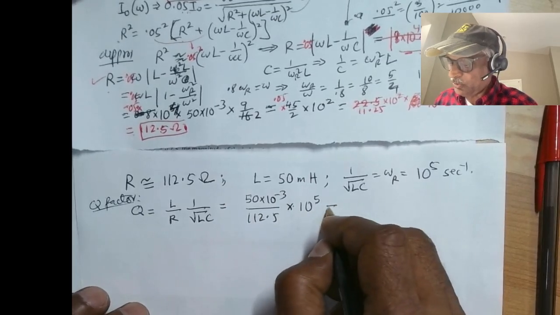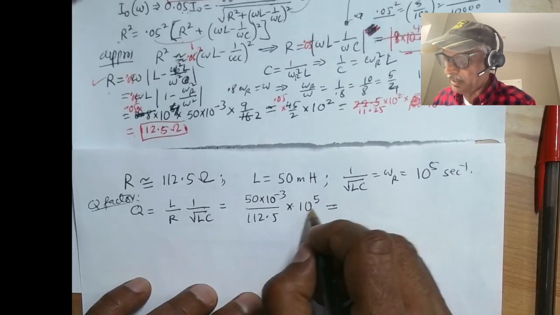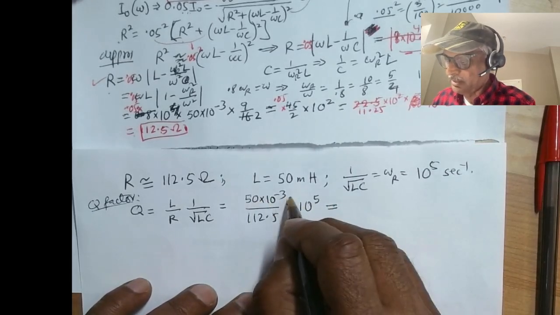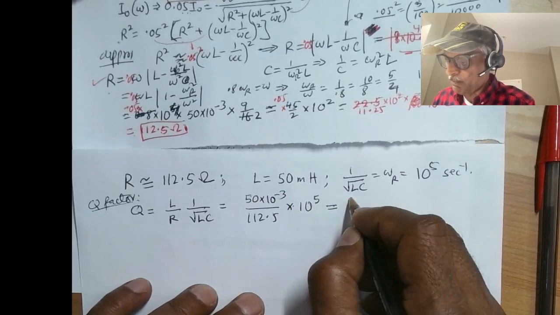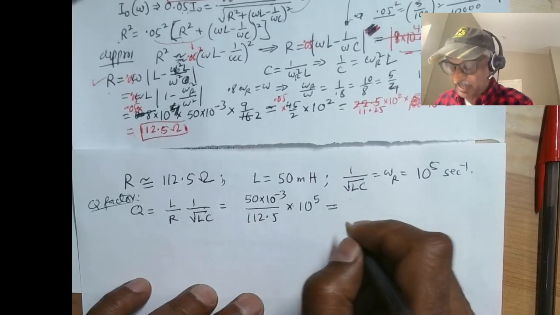Now I need to kind of work this out. So 5 and 6. So if you do 50, let me see where it's going to land, right?